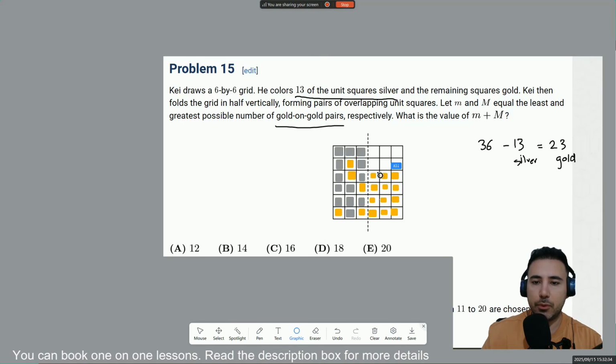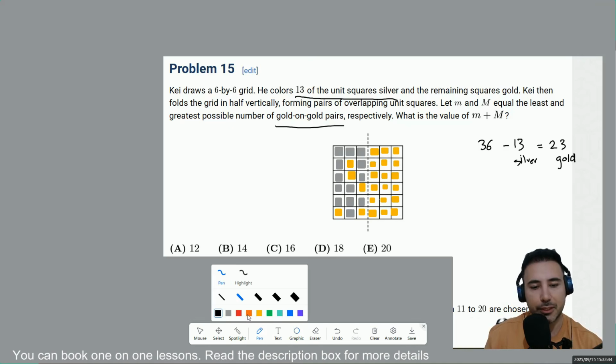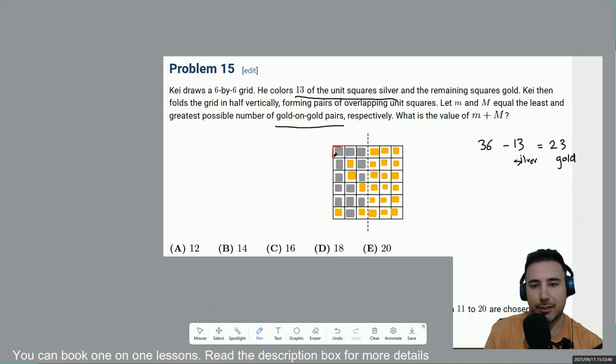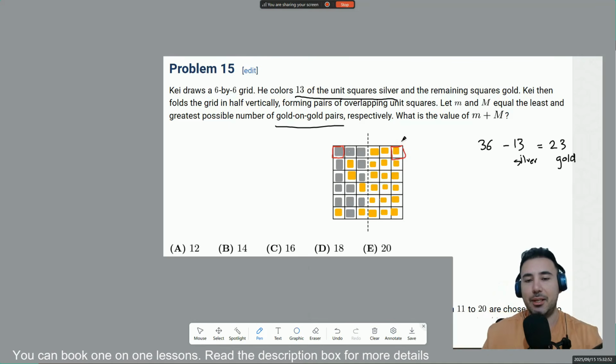Now what happens when I do that? Remember, we want the number of gold on gold. Remember my fingers, right? When we do this, the golds will be on top of the gold. Imagine you put one finger here and your other finger here, and you do the same thing. So a silver on gold will be together, and we don't want to count these. We just want to count gold on gold.